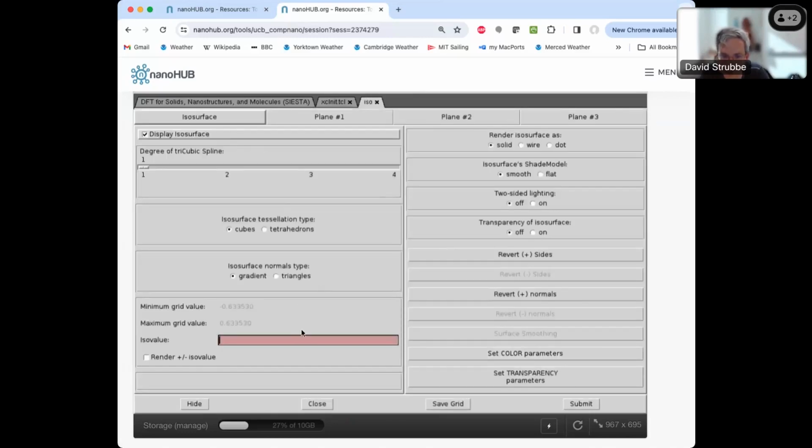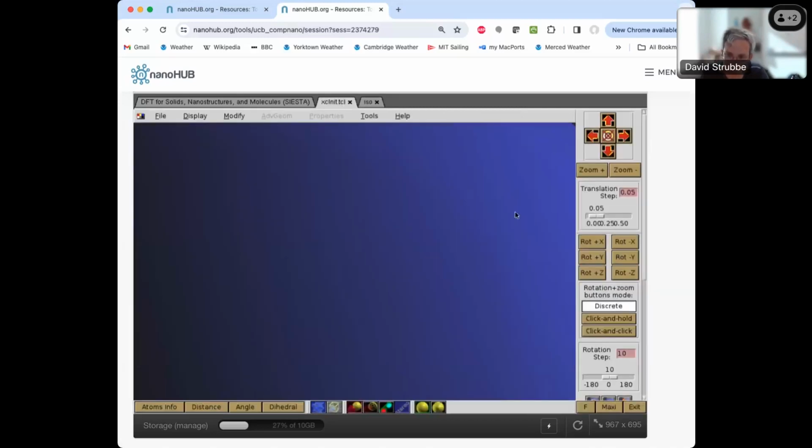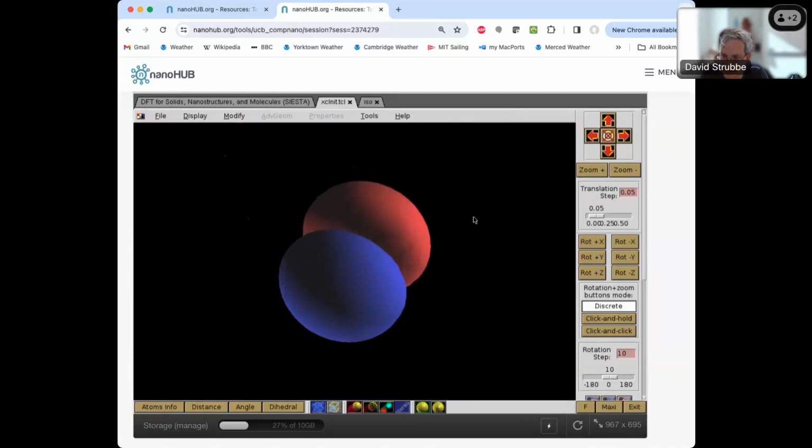Now we have some settings about the isosurface. So typically 10% of these maxima is a good value. I'll say render plus or minus, so it's going to show us both positive and negative parts. And then we say submit. Okay, we have to go back to the original panel. Okay, it just looks blue. But if we zoom out, you can do that with the mouse scrolling, right?